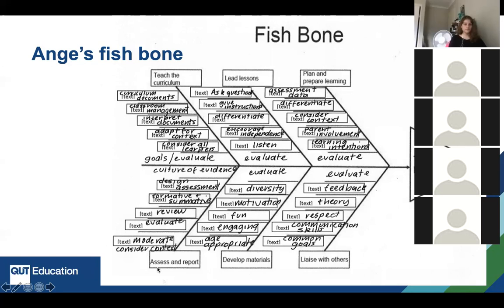In terms of developed materials, my thoughts were that a teacher action would be to make sure that they're age appropriate, engaging, fun, motivating, and also catering for our diverse learners.